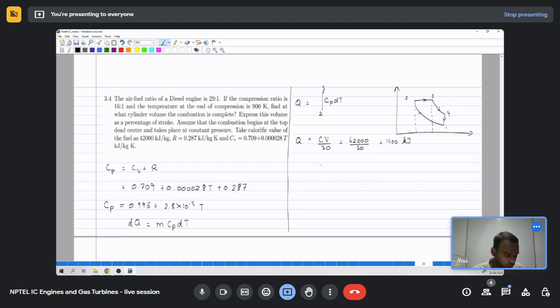So Q is also the integral, so we have 1400 equal to the integral from 2 to 3 of Cp dT, where Cp is 0.996 plus 2.8 into 10 power minus 5 T. So we have 0.996 into T3 minus T2, plus 2.8 into 10 power minus 5 into T3 square minus T2 square, divided by 2.